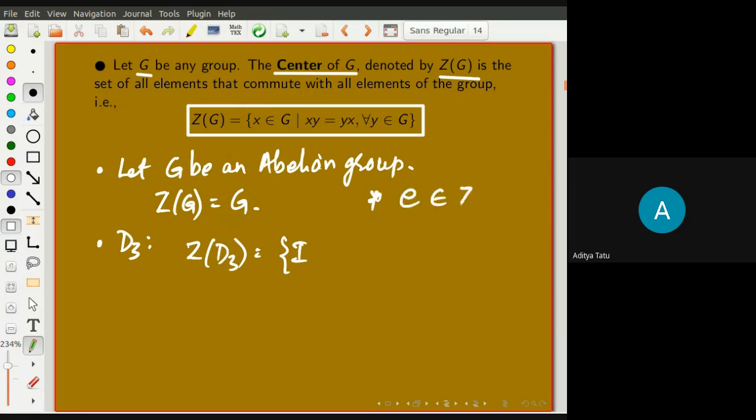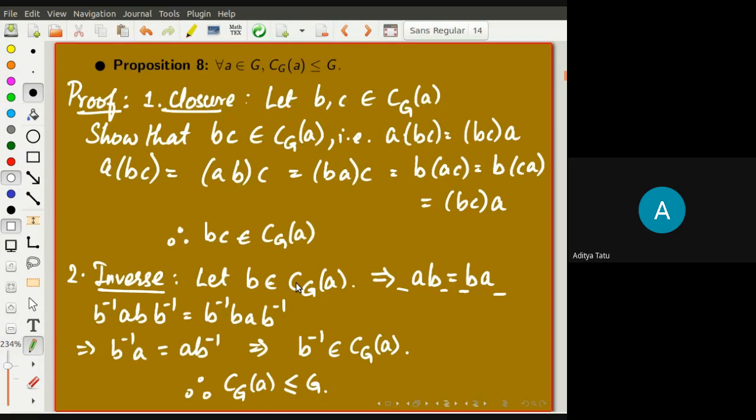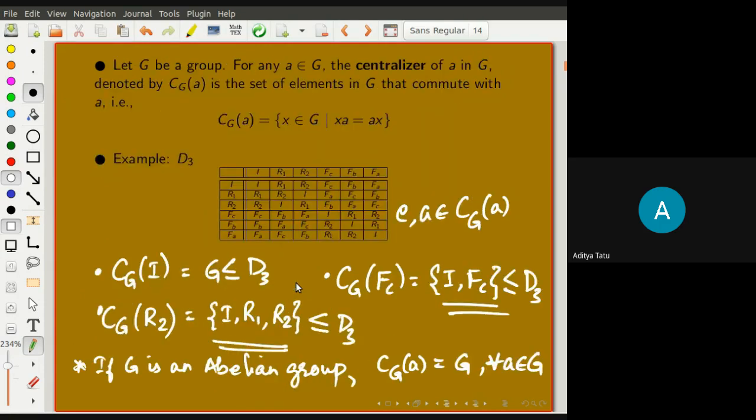E is always a member of the set. That's one trivial result that we can show. Next, any other element in D3, will it be in the center?